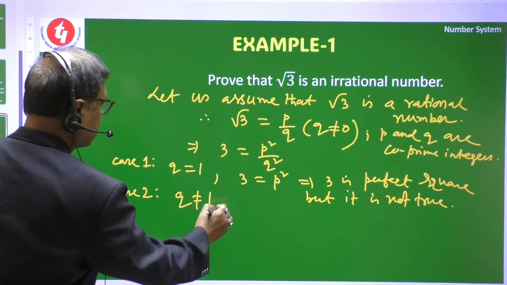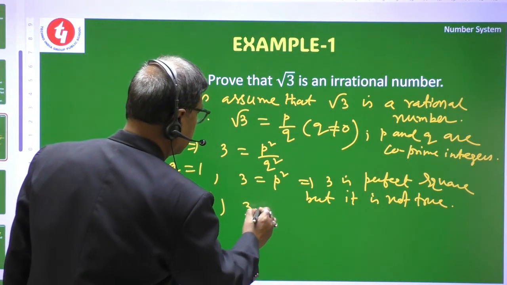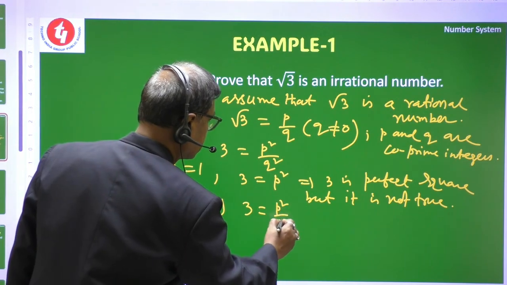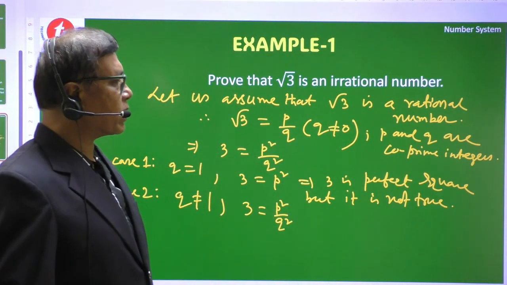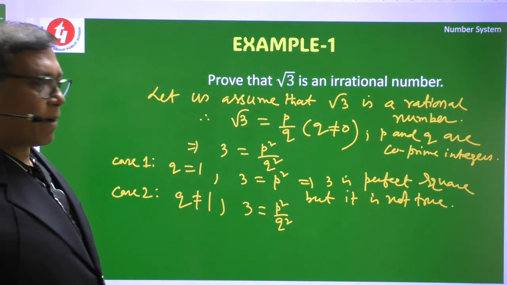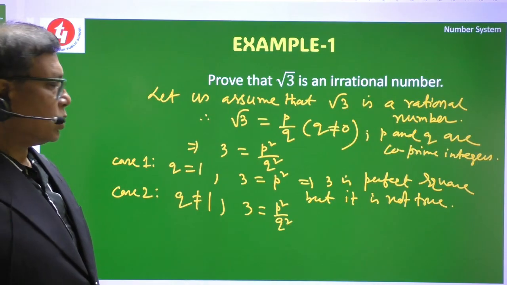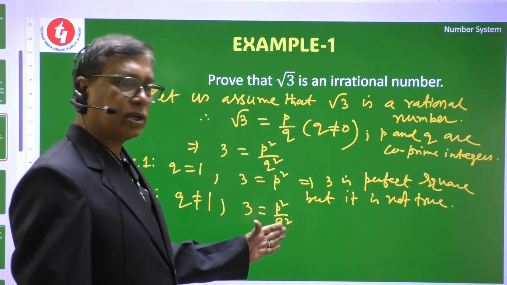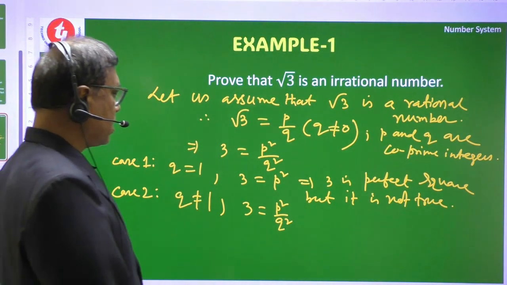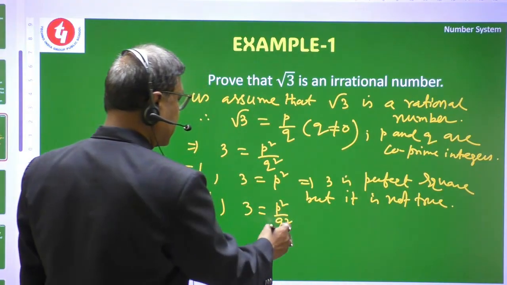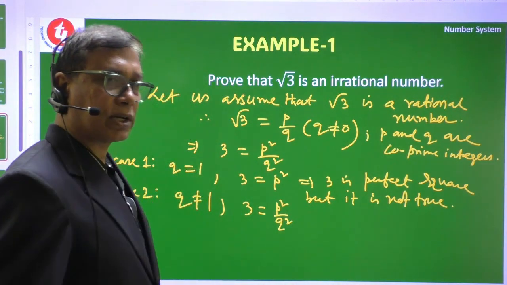q not equal to 1. When q is not equal to 1, then we are getting 3 equal to p square by q square. Since p and q are co-prime integers, they have no common factor other than 1. So p square is not divisible by q square. Yes or no? And p square is not divisible by q square means this p square by q square is not an integer.